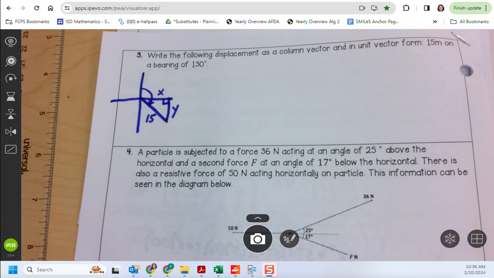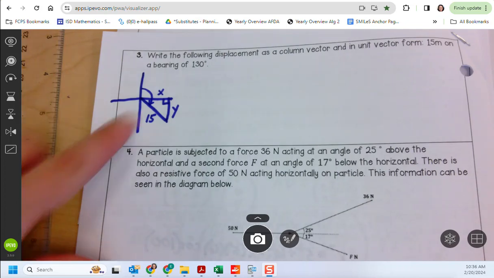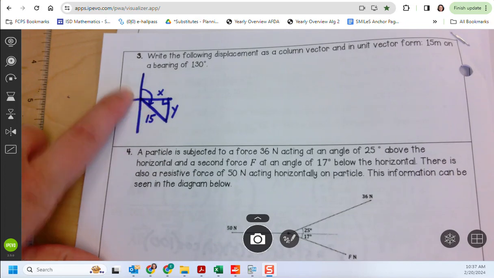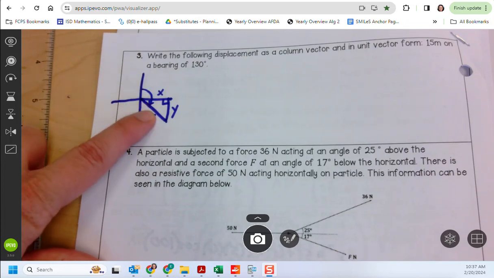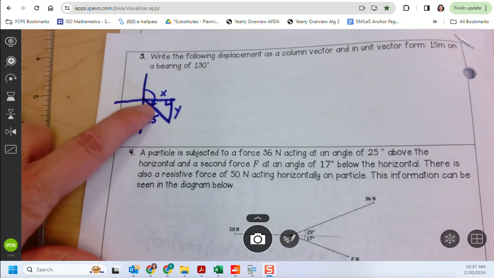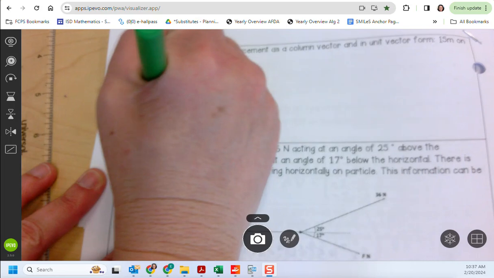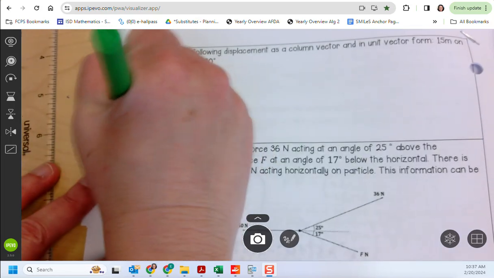We're given an angle, and we're given the hypotenuse, right? How much is this angle in here? It's 40. Do you guys see that? Because the entire bearing was 130, but 90 of the degrees is out here. So inside here, I've got an angle of 40 degrees.